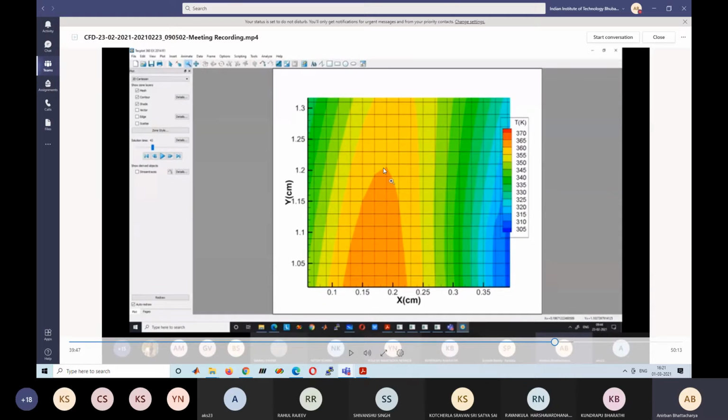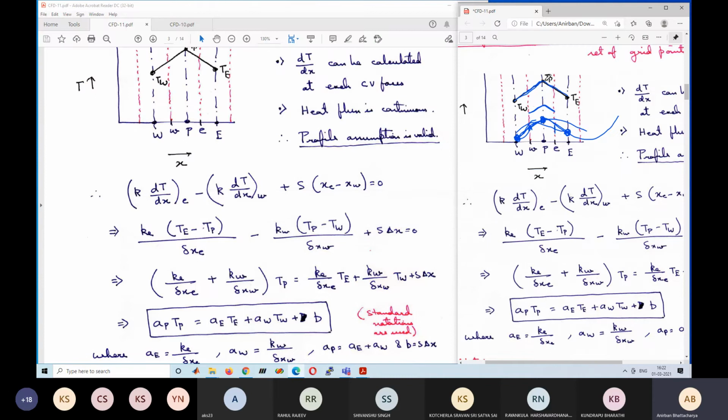This is not a value that we are obtaining. Okay, this is just by joining the values. It is not given by the solver how these values are connected. We are joining it linearly or in any way which is suitable. We are getting these curved lines. Okay. So it does not matter to us how the variation occurs from one grid point to the other.